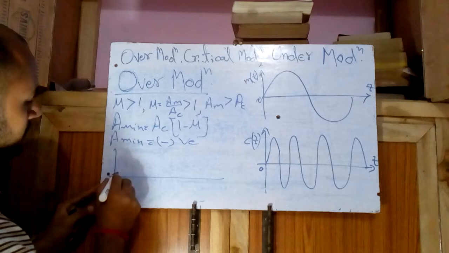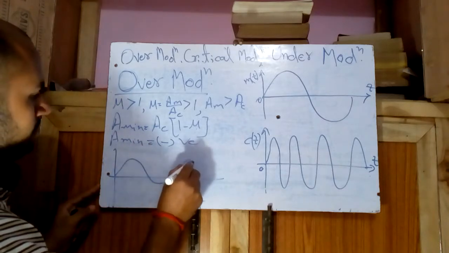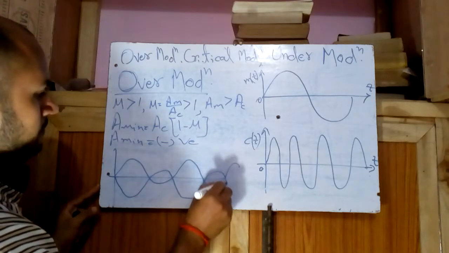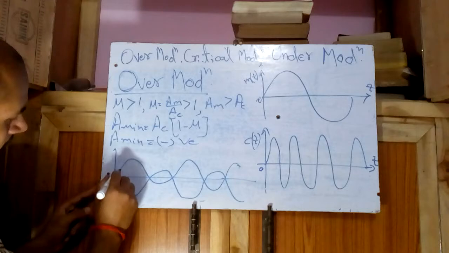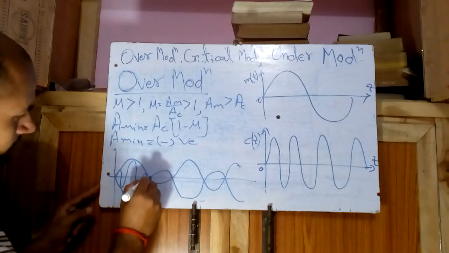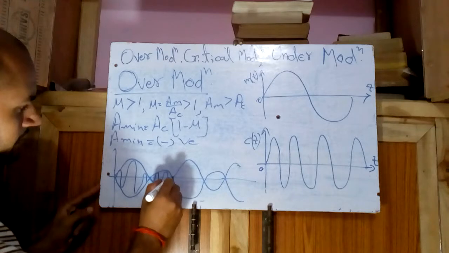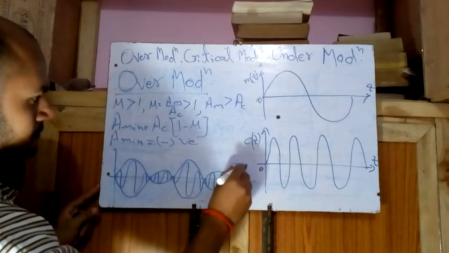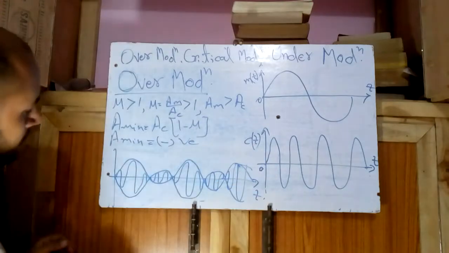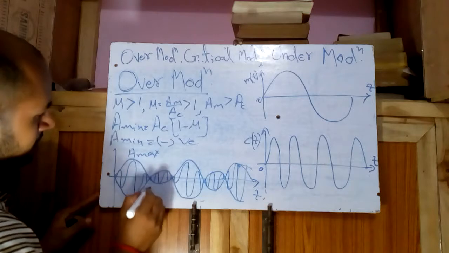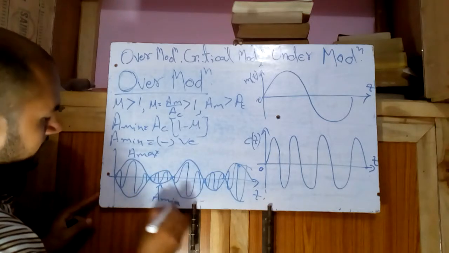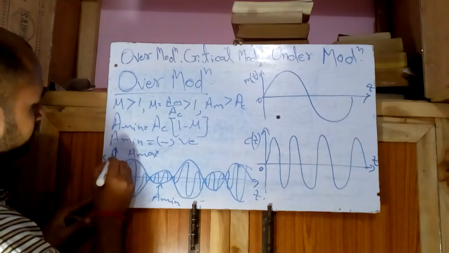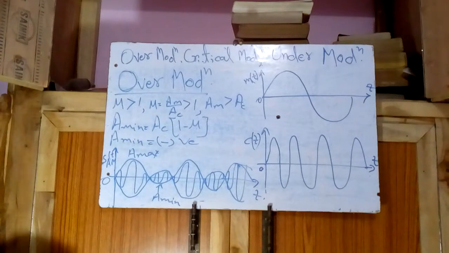So this will be like this, and the carrier will be this. Here there is a 180 degree phase shift. So this is A max and this is A min, and A minimum is negative, less than 0. So this is over modulation.